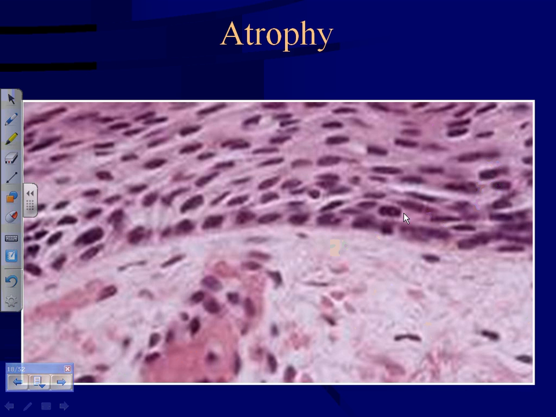Here's another example of atrophy. We're not seeing the surface epithelium here, but probably think of it as being up here. And what it's really showing here is, again, some very immature squamous cells, a little bit of nuclear enlargement, but not to the point of being abnormal. And then less evidence of squamous maturation and causing thinning of the epithelium. So there's not as much protection afforded with these atrophic epitheliums.